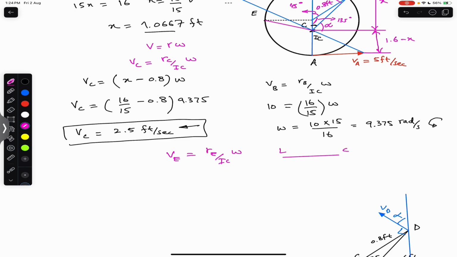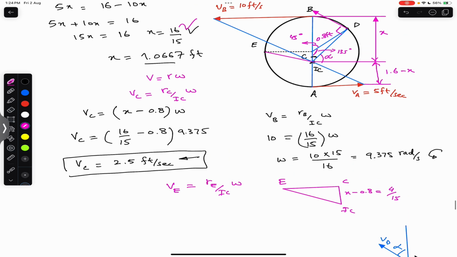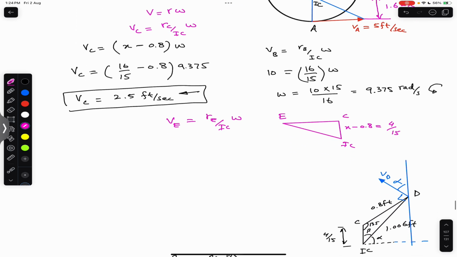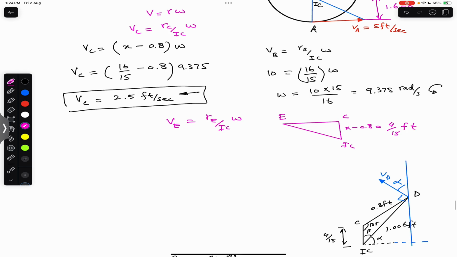This is point C, this is point E, this is the instantaneous center, this is x minus 0.8, which is 4 divided by 15. You know x is 16 divided by 15 feet. We have determined this here, right? So this is 4 divided by 15 feet, and we want to find this length.